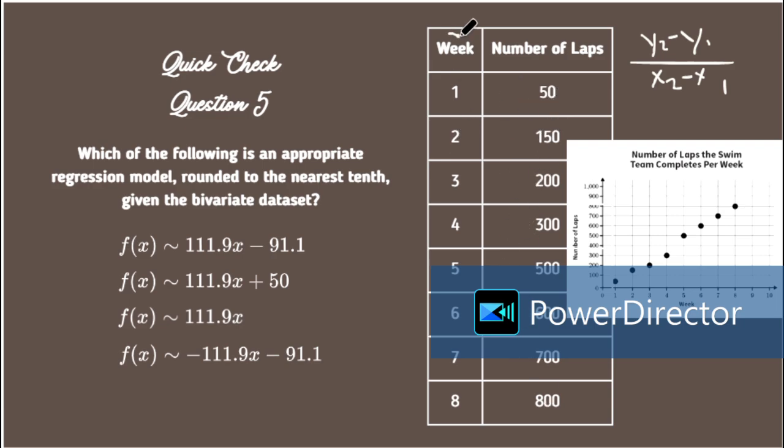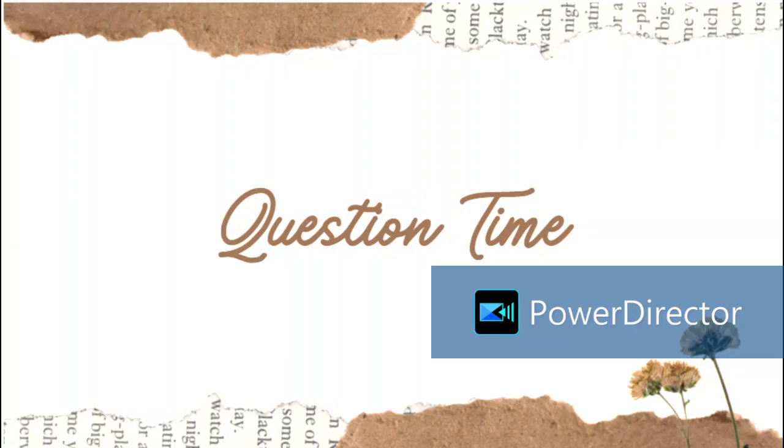These are the x values, these are the y values. That will find your slope, which is obviously going to be 111.9. So you need to decide if it's positive or negative. And then this number over here is going to be your y-intercept, which isn't shown here. So you'll have to do some extrapolating. You're going to have to figure out where that is supposed to be.